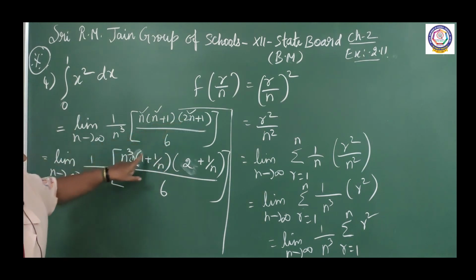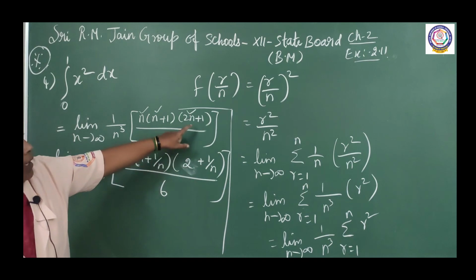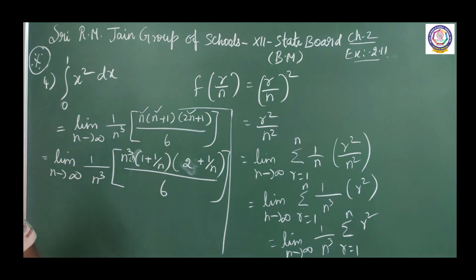Here n I can take out because the place is 2, here 1 is there, so 1 by n.